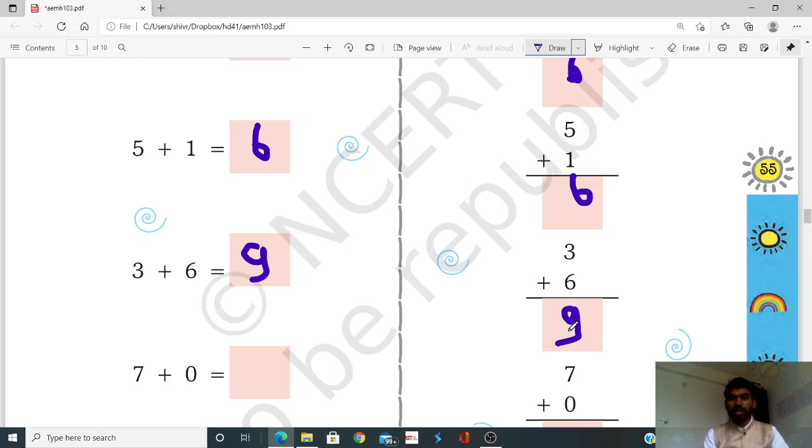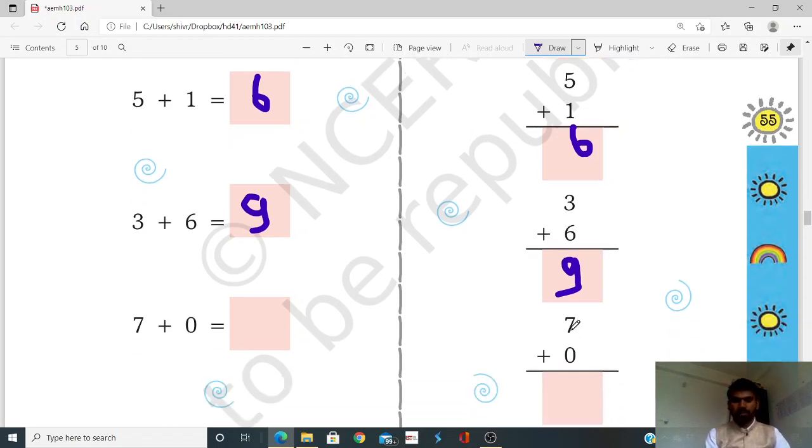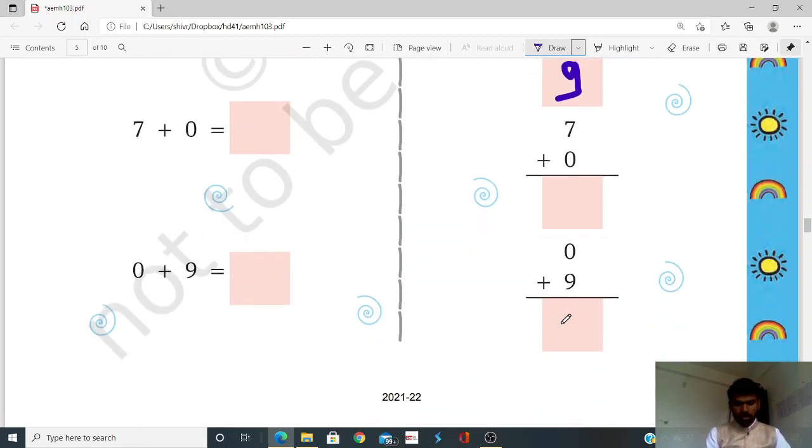Same 9. Okay, 7 plus 0. 7 plus 0 means 7. When we add 0 to any number, that number will be the same. Okay, here our answer will be 7.